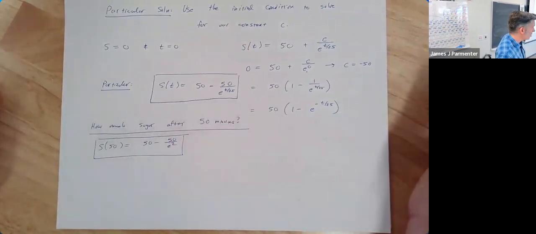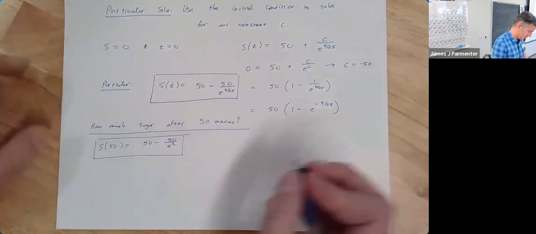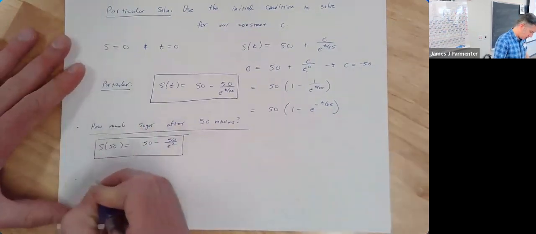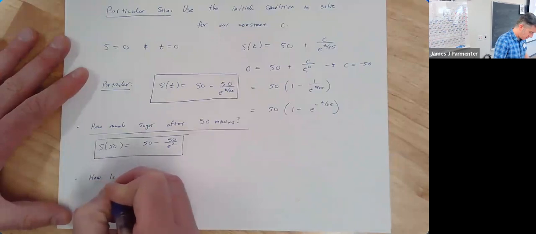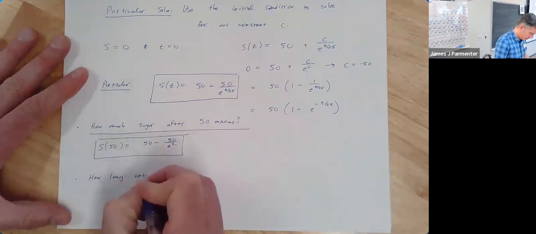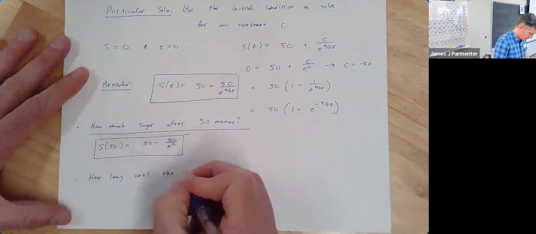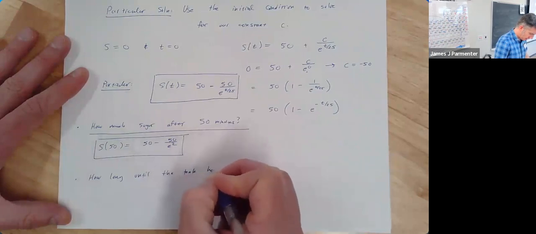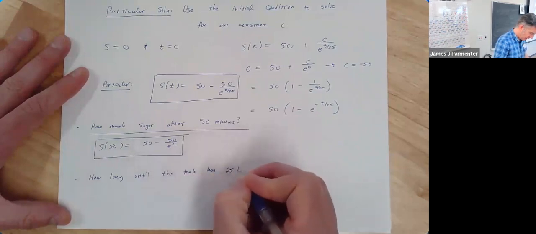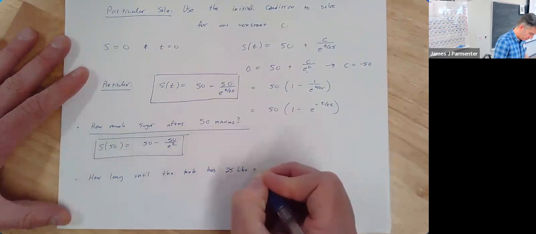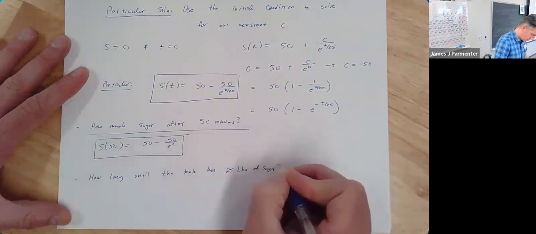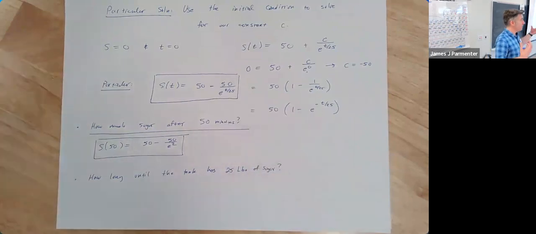You could also ask a kind of question that's a little more interesting: how long until the tank has 25 pounds of sugar? Then instead of plugging in a value for time, you set the sugar amount equal to a certain value and solve for time.